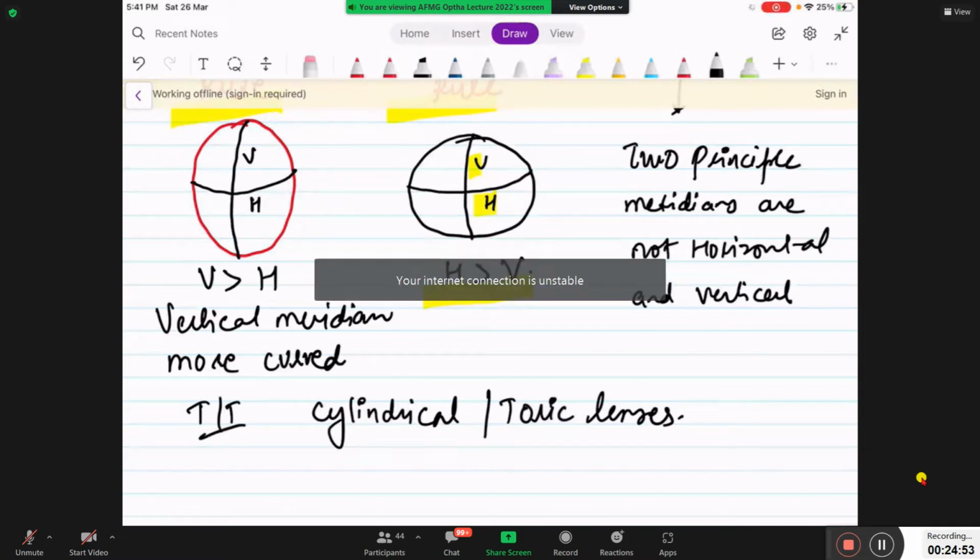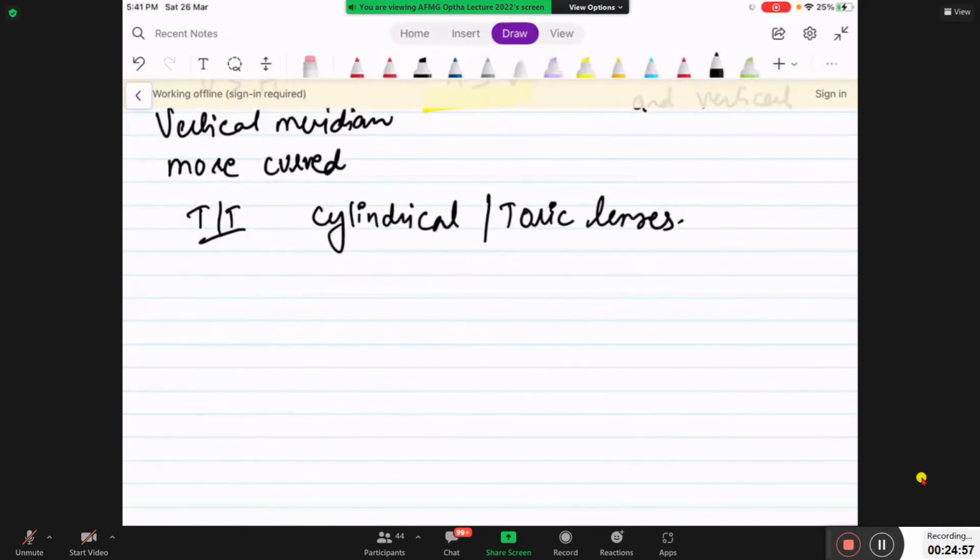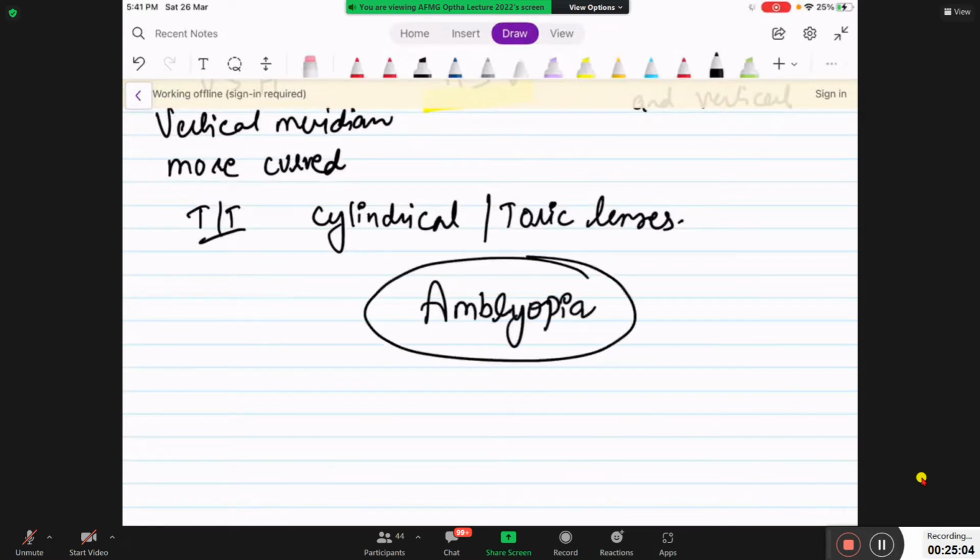Now next topic, write down, amblyopia. What is amblyopia? In layman's terms, it is also called lazy eye.